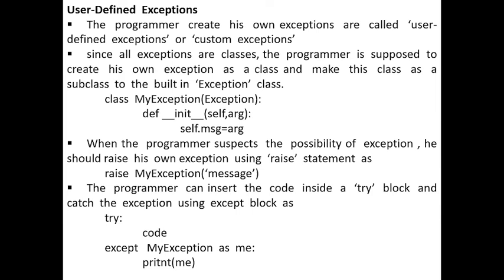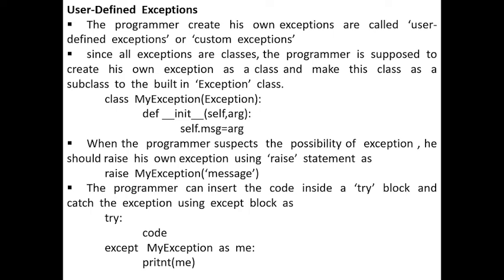User-defined exceptions. Exceptions the programmer creates himself are called user-defined exceptions or custom exceptions. Since all exceptions are classes, the programmer is supposed to create his own exception as a class and make this class a subclass of the built-in exception class.